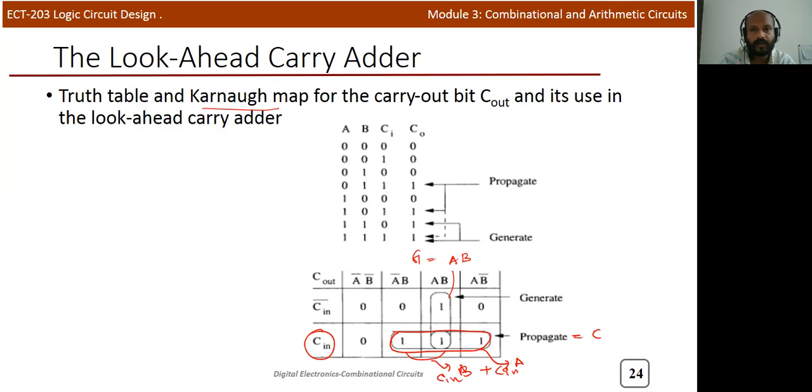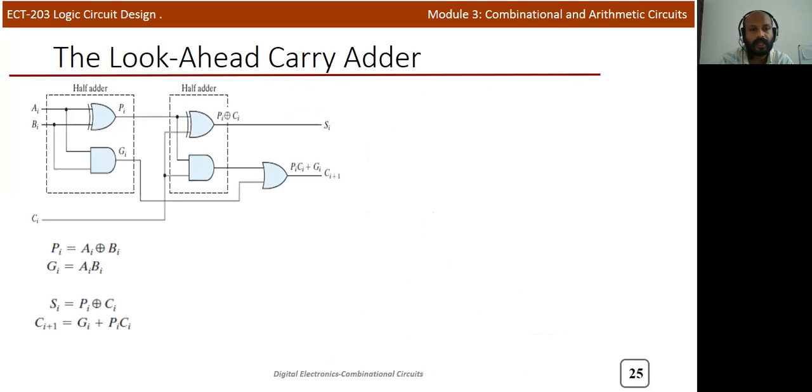Now we'll move to the logic part. Now we'll explain the circuit part. This is a full adder circuit, a full adder using two half adders. In this particular half adder, you can see that PI is AI XOR BI. Here you can see that this is an XOR gate.